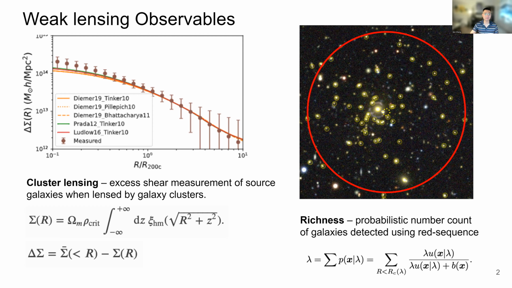Here, you have an algorithm called RedMapper that detects a probabilistic distribution of galaxies inside a radius approximating the gravitationally bound radius of the cluster. That's denoted by this letter lambda, and this computes the probabilistic summation of all of the red sequence galaxies inside the gravitationally bound radius of the cluster.